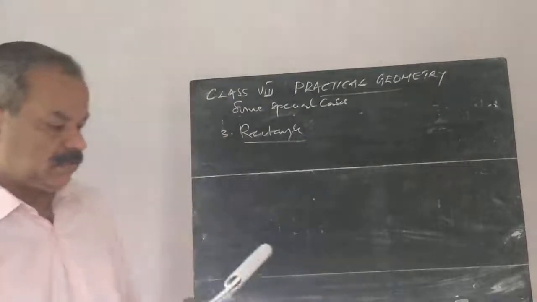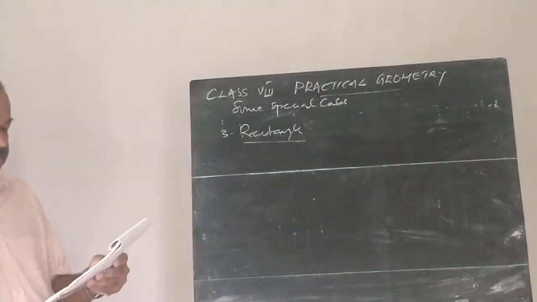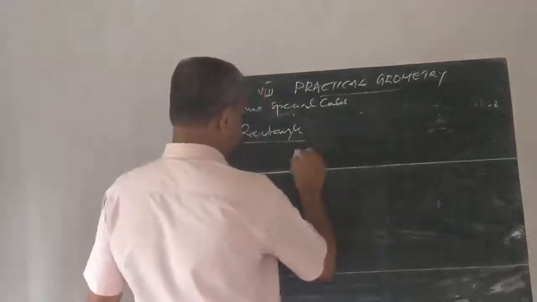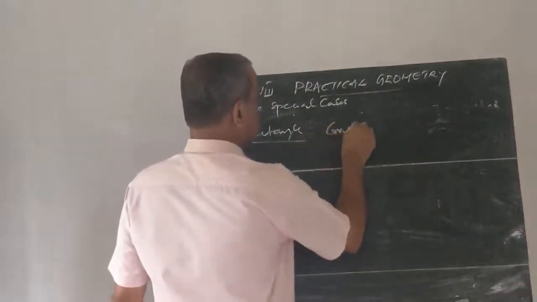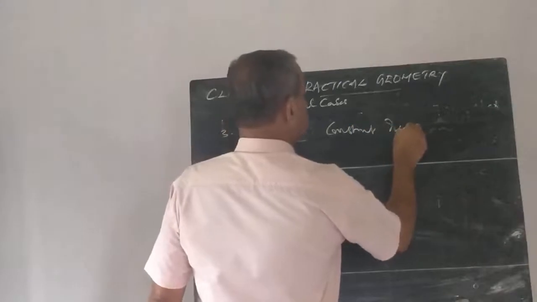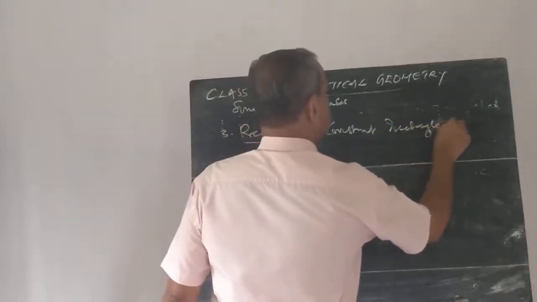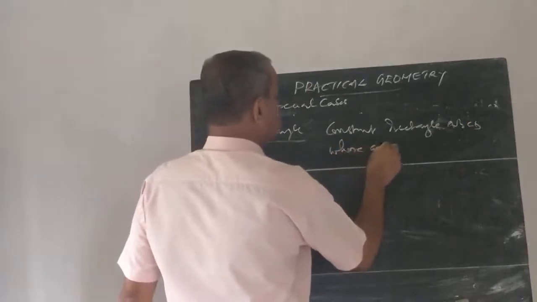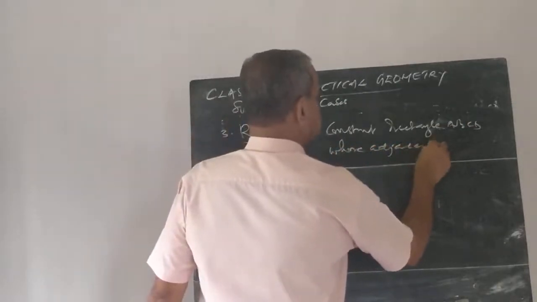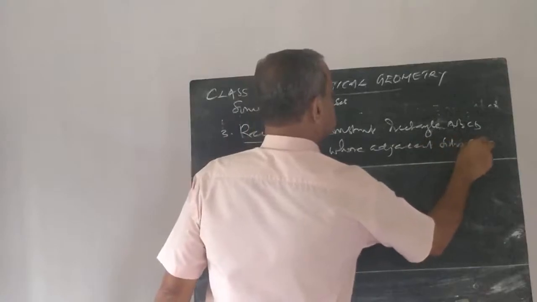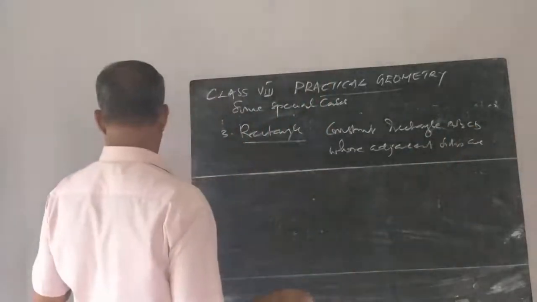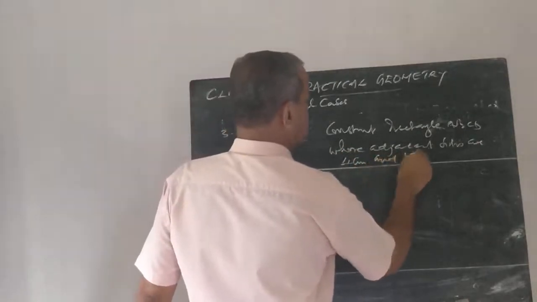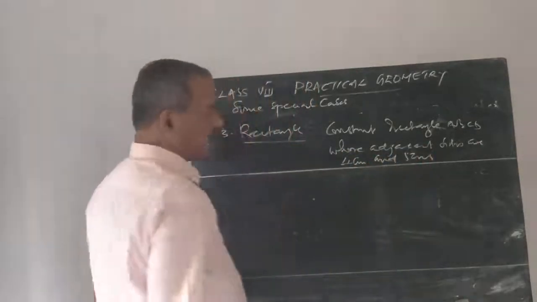Construct a rectangle ABCD whose adjacent sides are 4 centimeters and 5 centimeters.